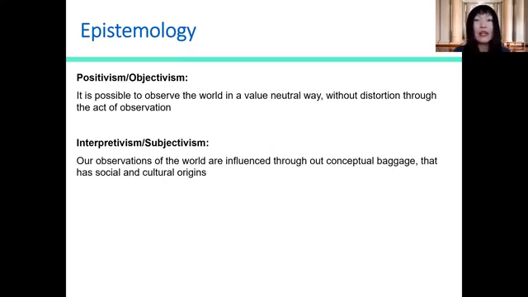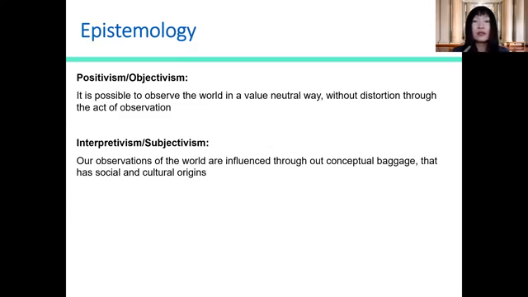No matter who observes the world or the reality, we always observe it in a neutral way. So no matter who, we do not distort the answer of what the world is or what the reality is. That's the epistemological assumption for objectivism.